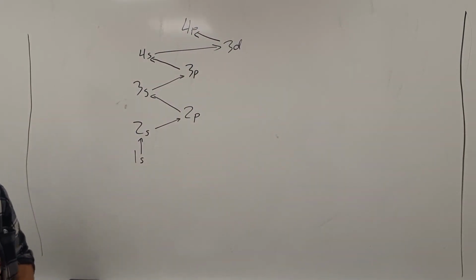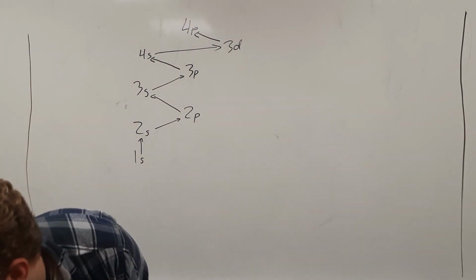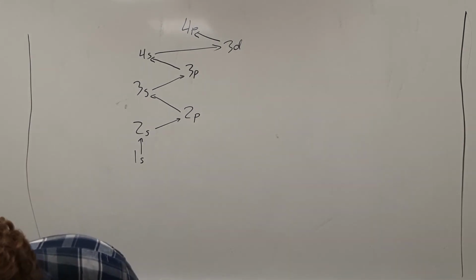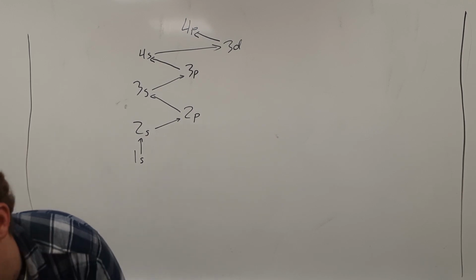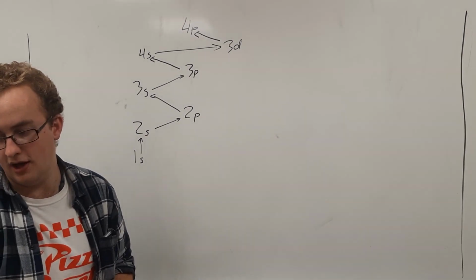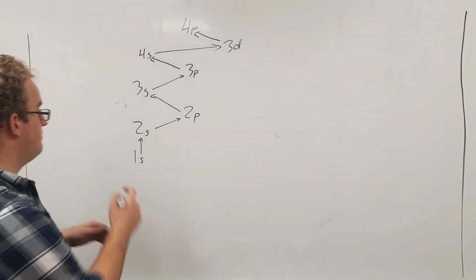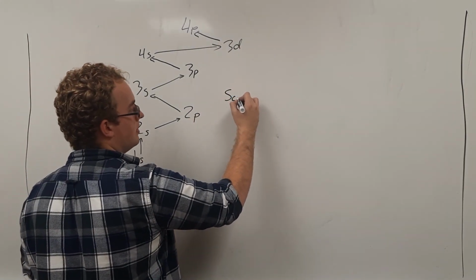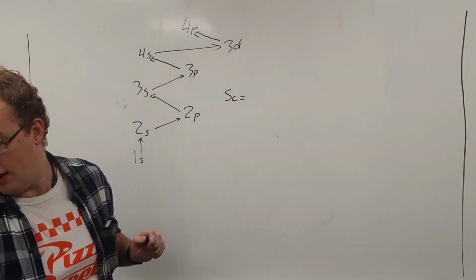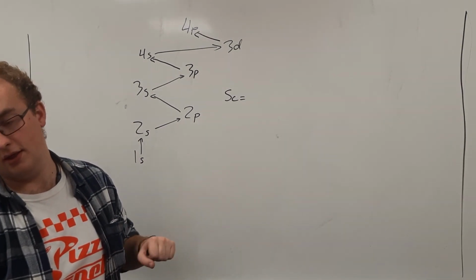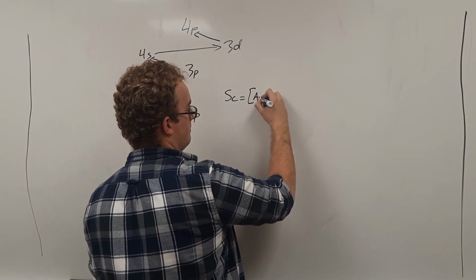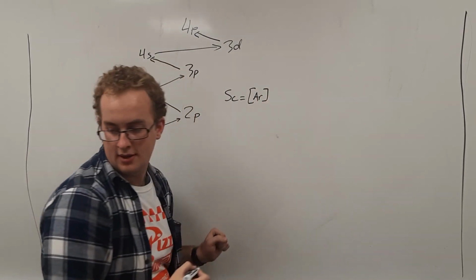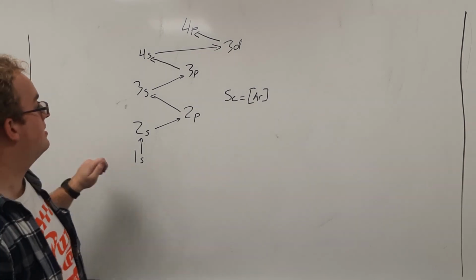So for electron configurations of, say, a transition metal, it might be useful to pull up a periodic table to compare this against. Let's say I was doing the electron configuration of scandium, Sc. Basically I would write the last noble gas, argon, in brackets, and then go to the next energy level.